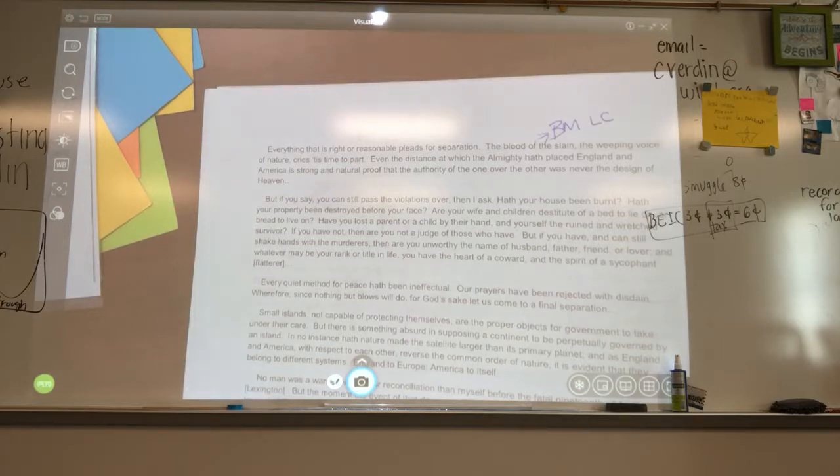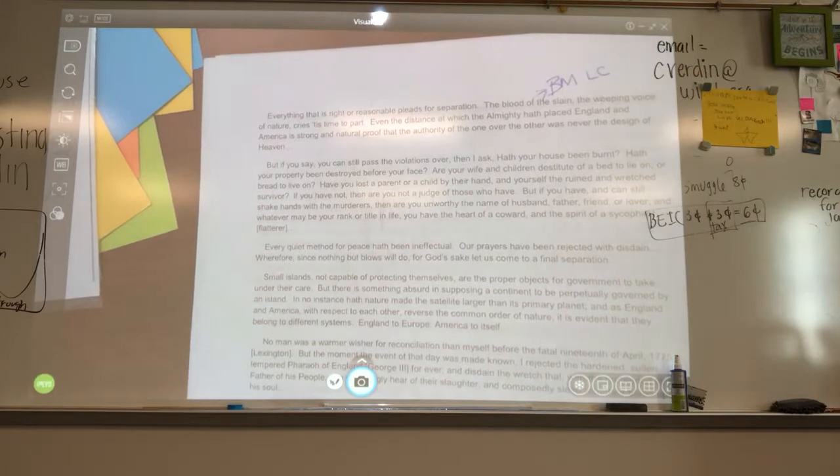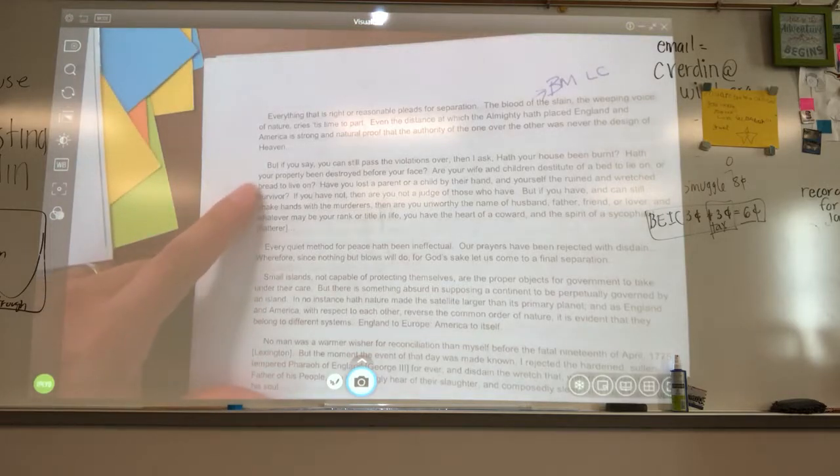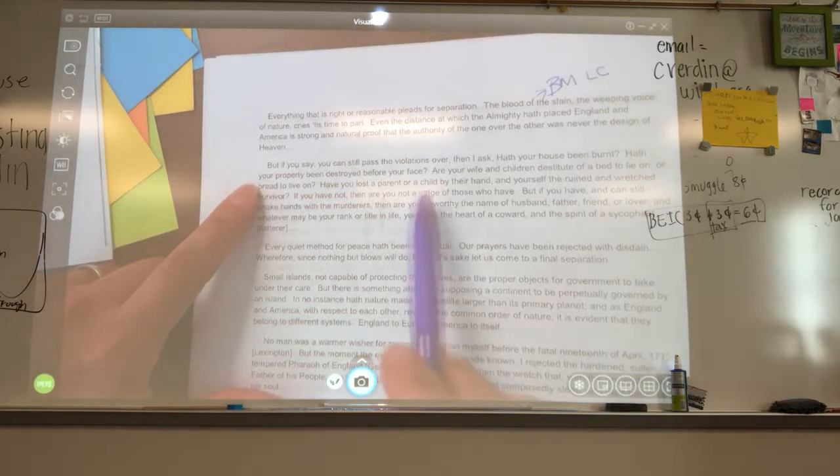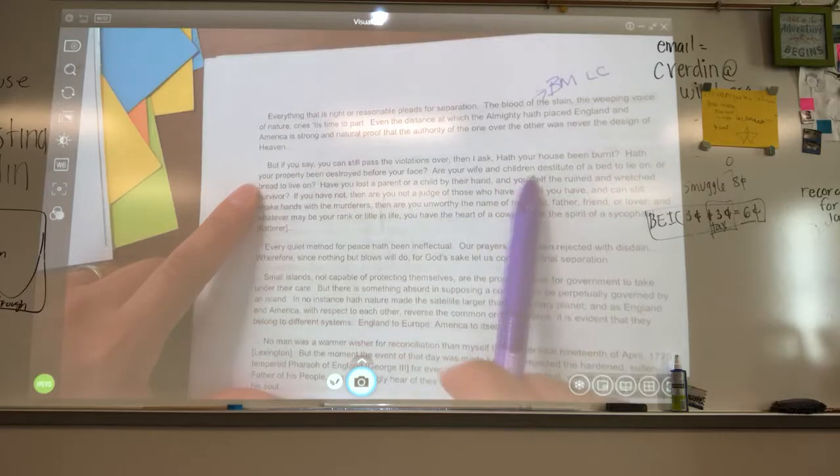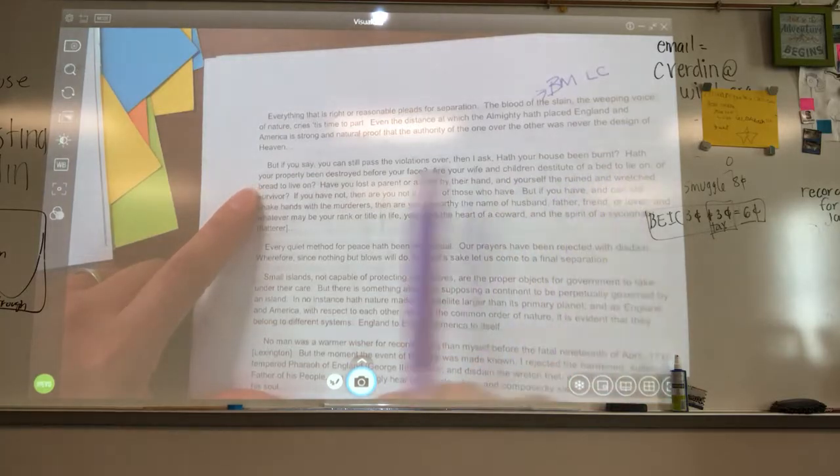They say distance here. "But if you say you can still pass the violations over, then I ask you, hath your house been burnt? Hath your property been destroyed before your face?" Where was property destroyed before people's face? When they were smuggling, right? "Are your wife and children destitute of a bed to lie on or bread to live on?"